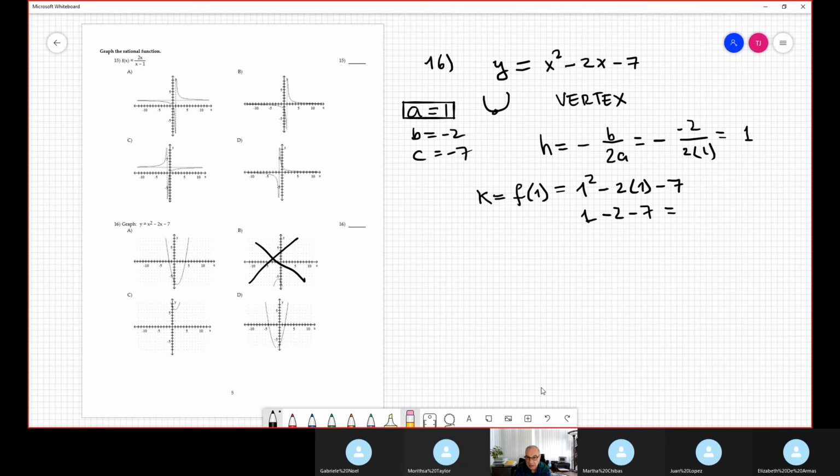This is -9, this is -8. So the vertex is located at the point (1, -8). This is k, and this is h. Okay, let me see (1, -8). I suppose that this is good. This is completely wrong, because the 1 something, and this is -1. This is wrong, obviously. It's obviously option A.